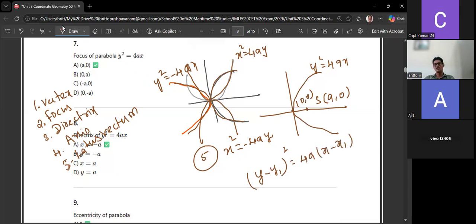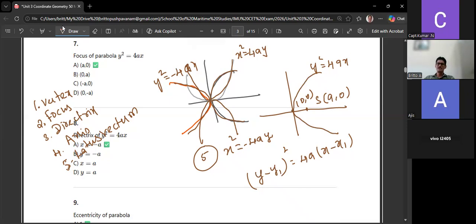Actually, this is the original equation of the parabola. In this, (x1, y1) is the point which is called the vertex. If the vertex is some other point, not (0, 0), then you have to use this parabola equation. When you put (0, 0), you get y squared equal to 4ax.